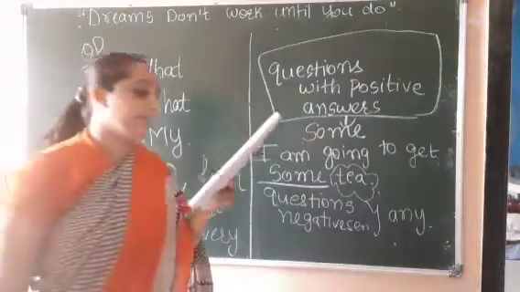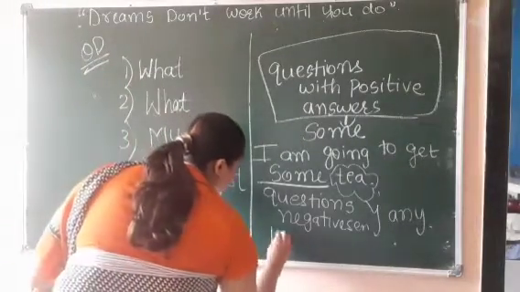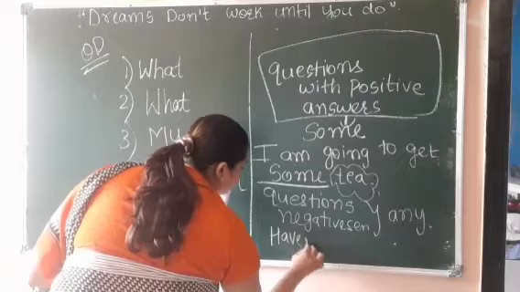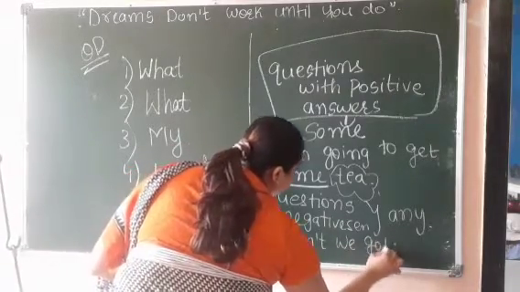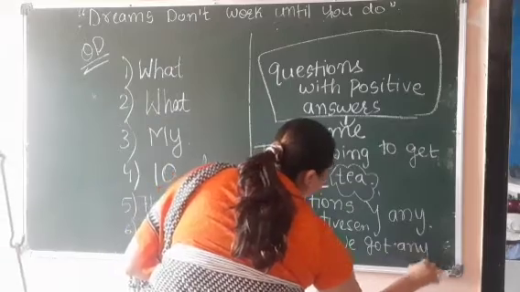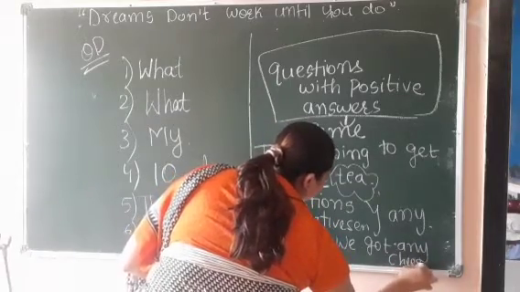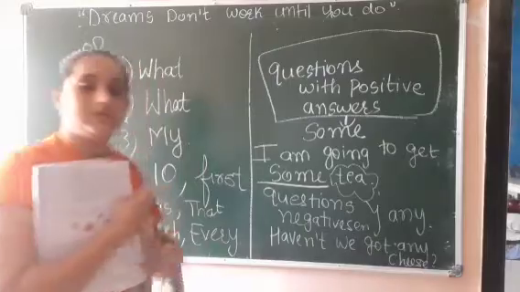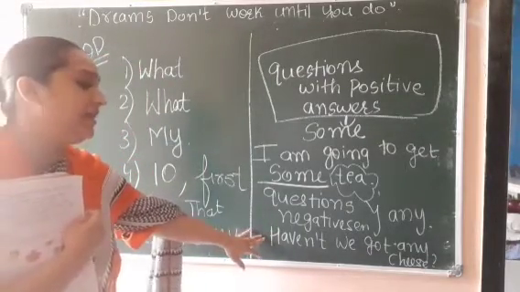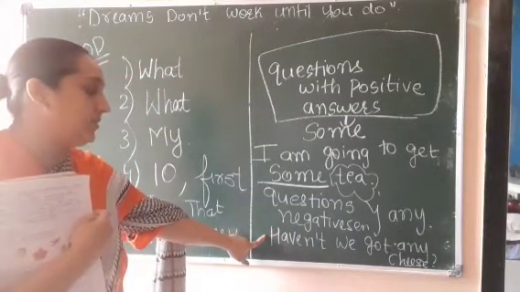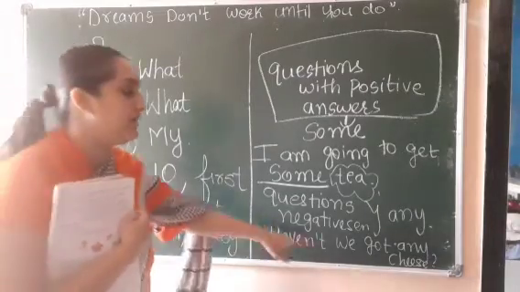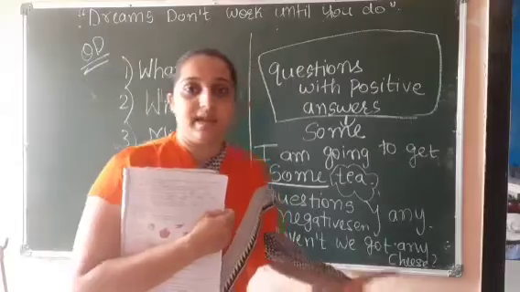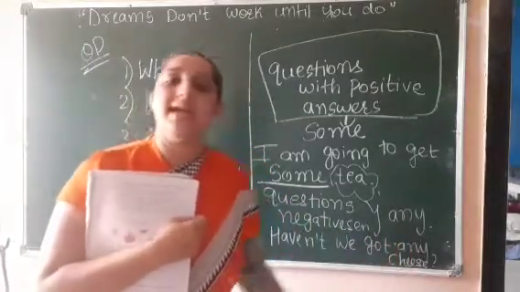For example, "Haven't we got any cheese?" This is a question, a negative question. So with a question, what will we use? Any. And as the sentence is negative, we will use any.